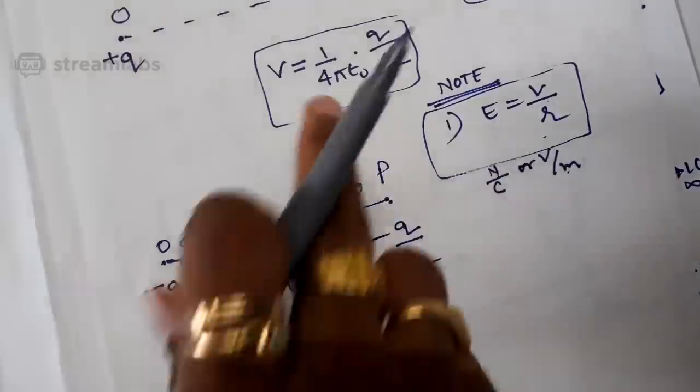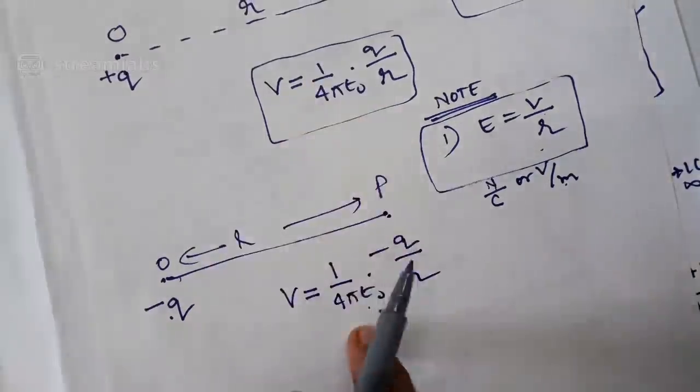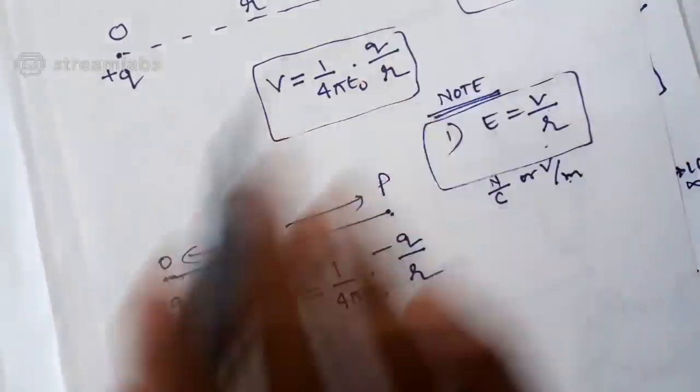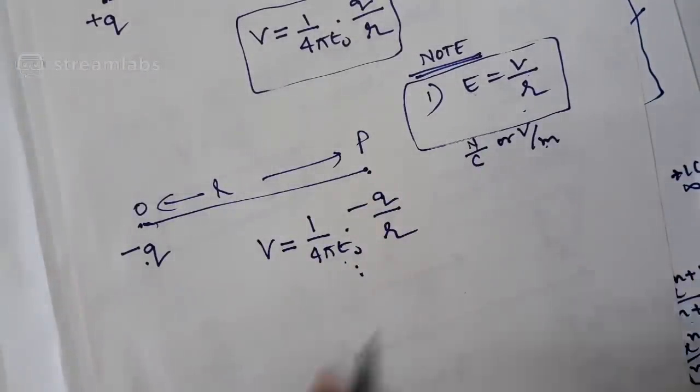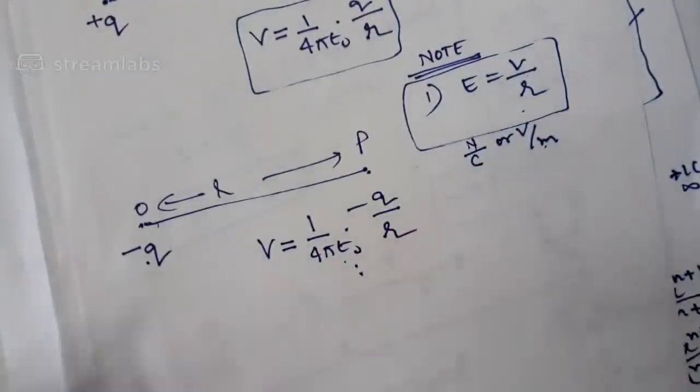Now you understood why. That day I asked you to remember it because we required the use of that potential in some explanation, and I told you that you will come to know in the next chapter. Now it is more clear. Positive charge always contributes some positive potential. Negative charge always contributes some negative potential.